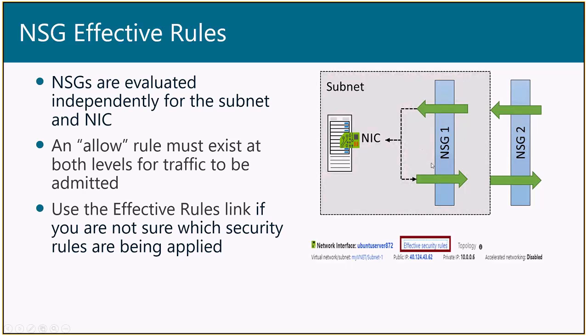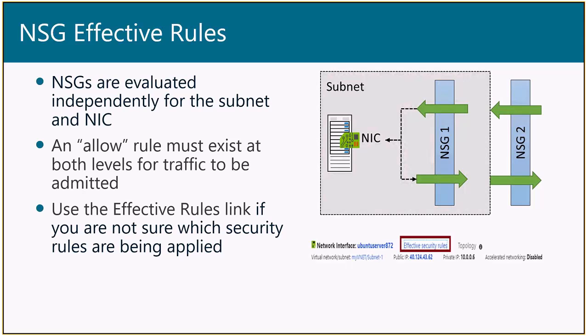But if Network Security Group 1 says that yes, you can update and create anything you want in the database, however Network Security Group 2 says no, you cannot, they both have to agree. If one of them says that you cannot do something, that will override the other. So we're doing a double security.